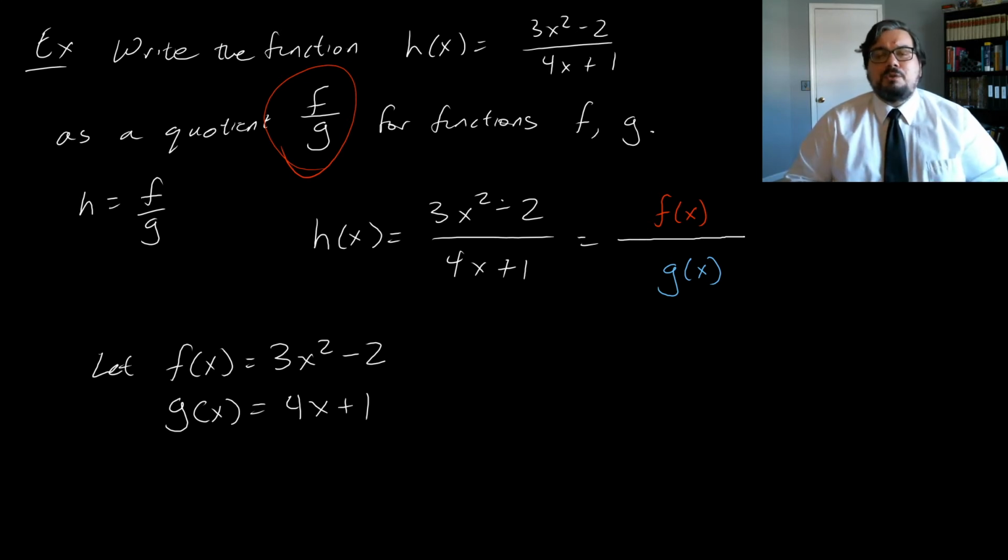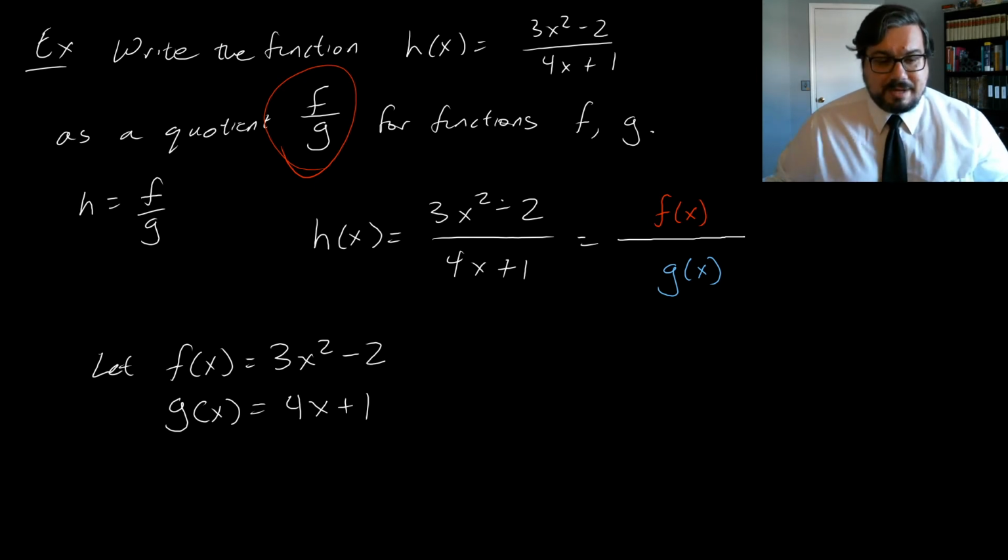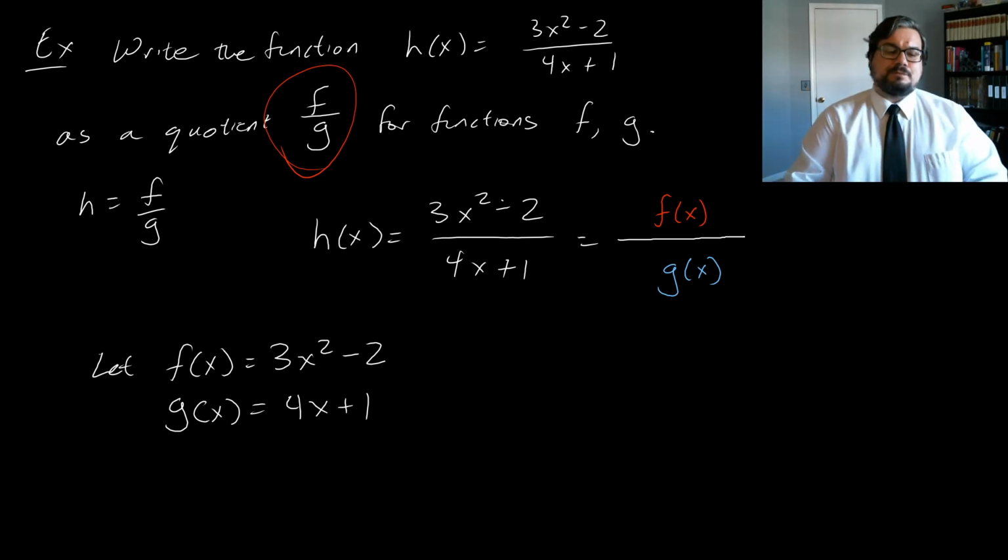Typically, we are only going to be interested in breaking up a function like this in its most obvious ways. Those are going to be the most useful ways, usually. So we can write h of x as this quotient of functions, and that can be useful in many cases.